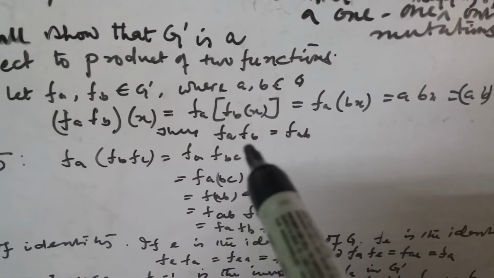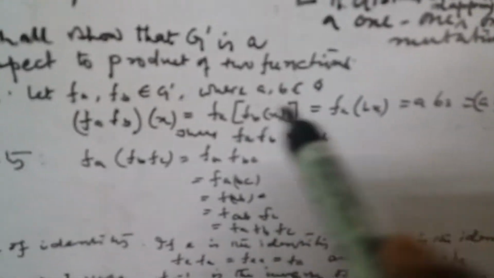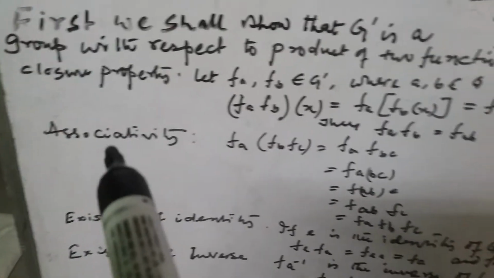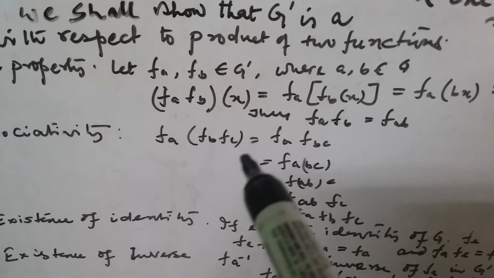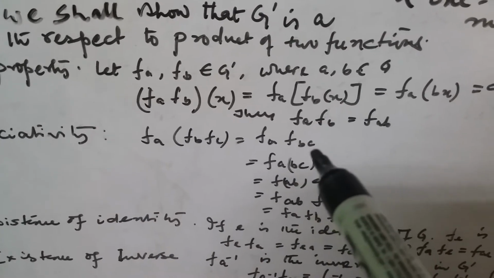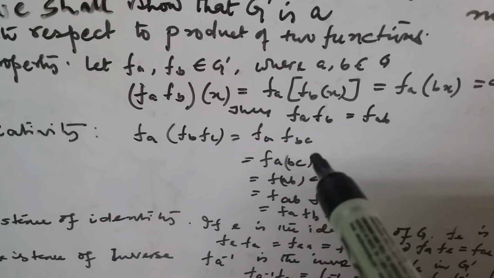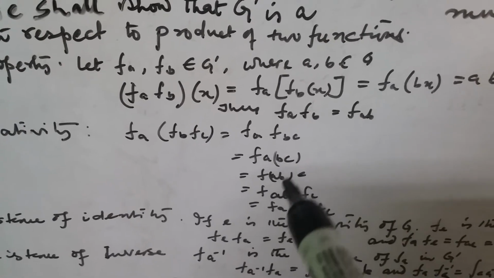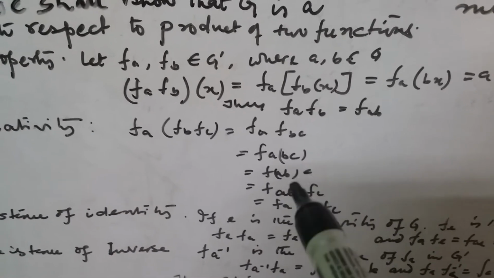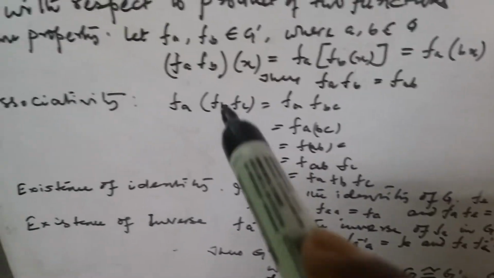Thus we find f_a f_b = f_ab, so it holds the closure property. Now associativity. Consider f_a, f_b, f_c. Then f_a(f_b f_c) = (f_a f_b) f_c, so it holds associativity.